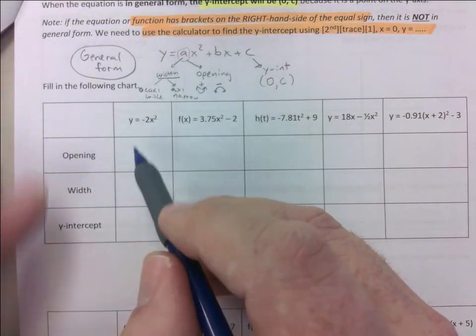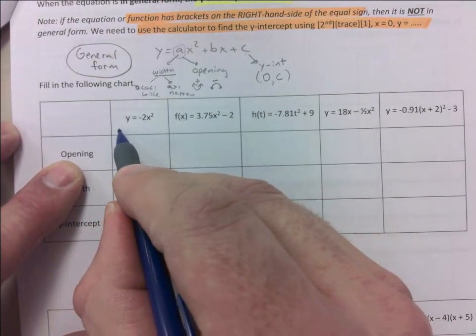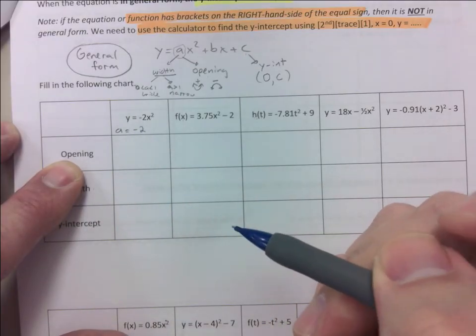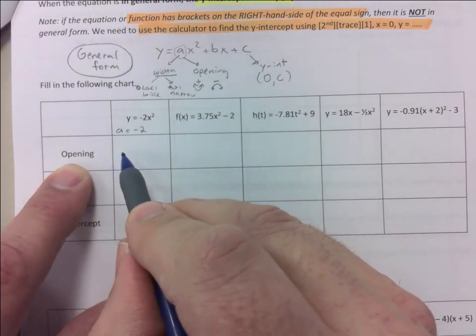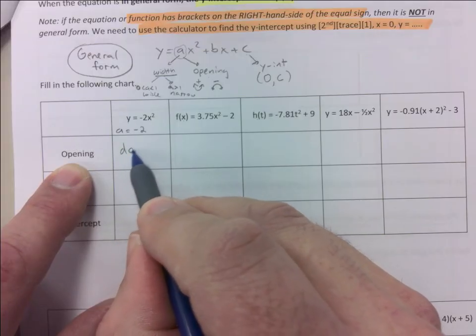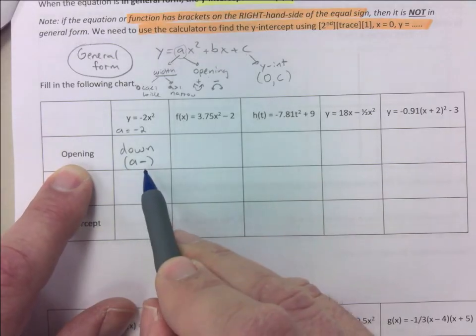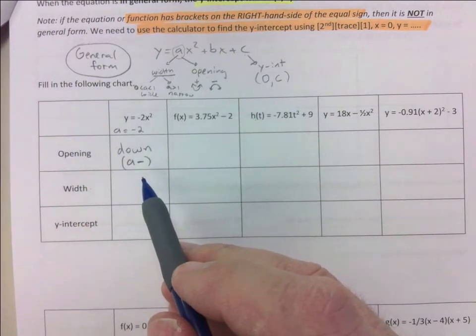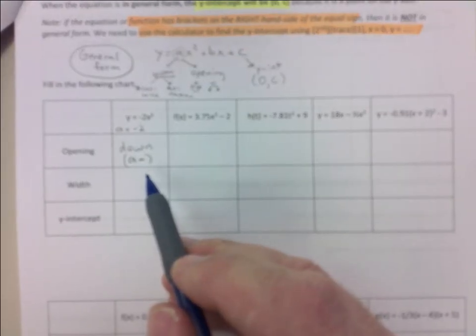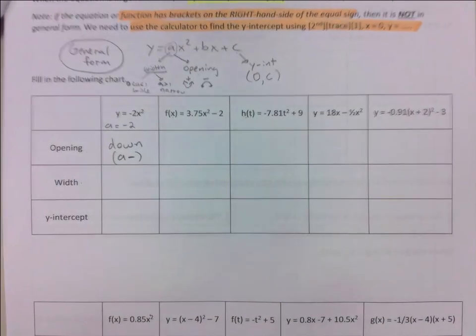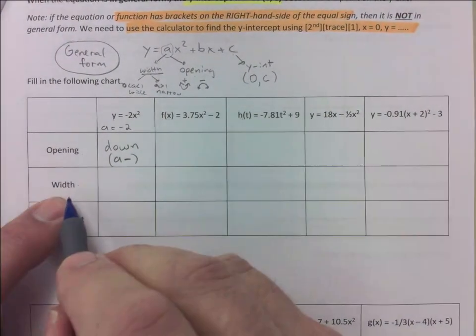Opening, this one right here. What is A? A is equal to -2, correct? So the opening is down because A is negative. Why am I making that conclusion? Because A is negative. What's the width?